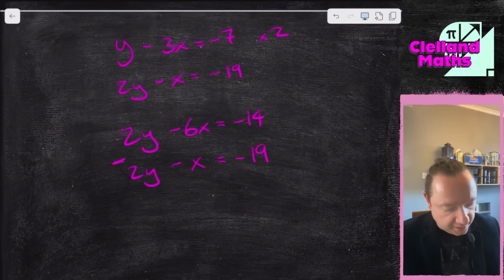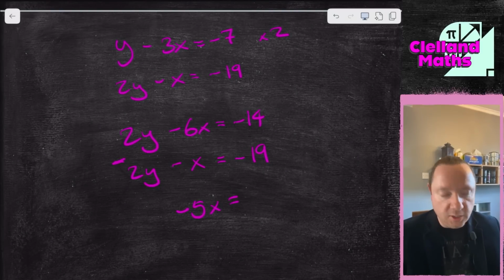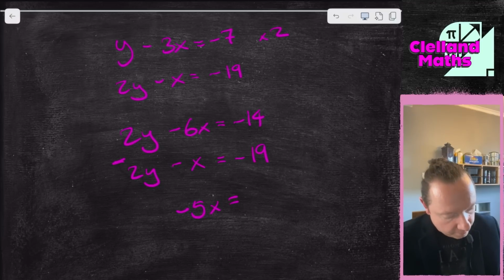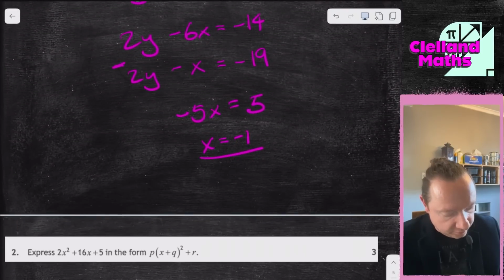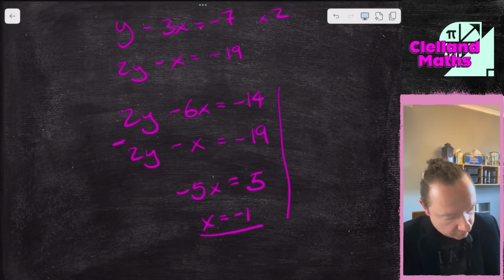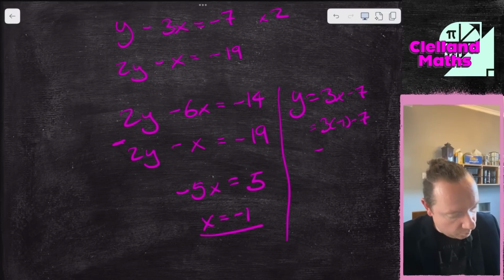Minus 6x minus minus x is minus 5x, and minus 14 minus minus becomes plus, so it's minus 14 add 19. 19 minus 14 is 5. So therefore x is minus 1, and then we just sub into one of our equations where we already had y equals 3x minus 7. So that's just 3 times minus 1 minus 7, minus 3 minus 7 is minus 10. Our point of intersection is (minus 1, minus 10). And we're done there.